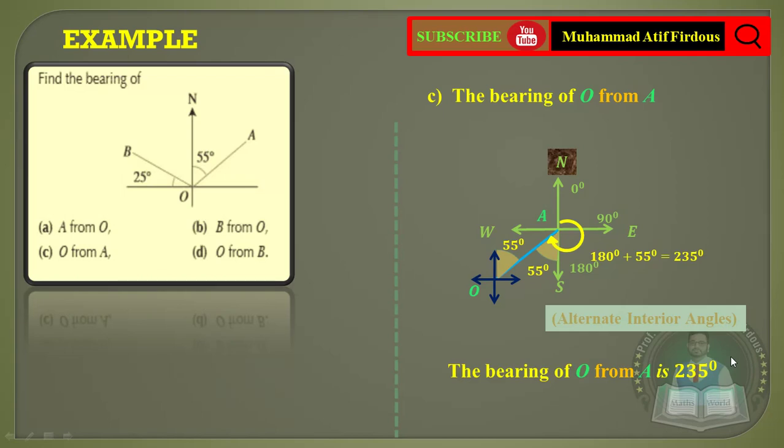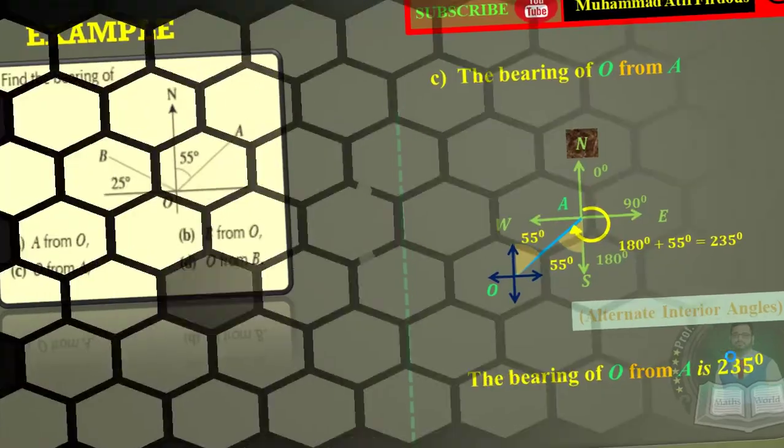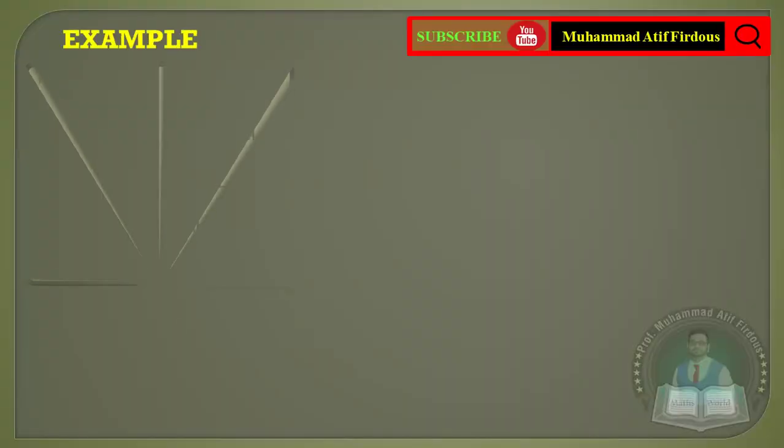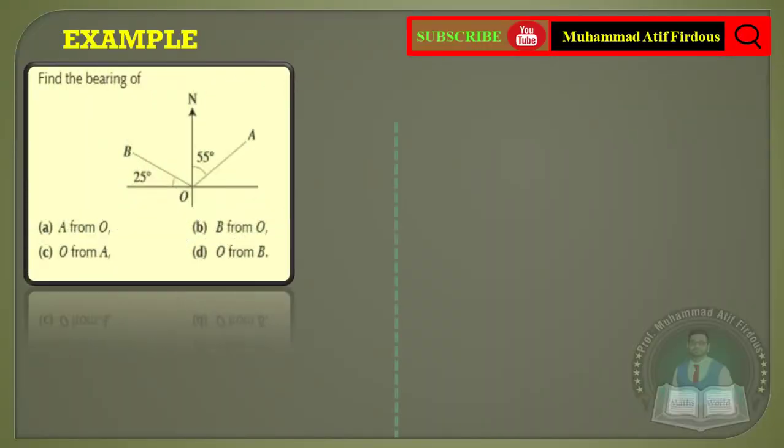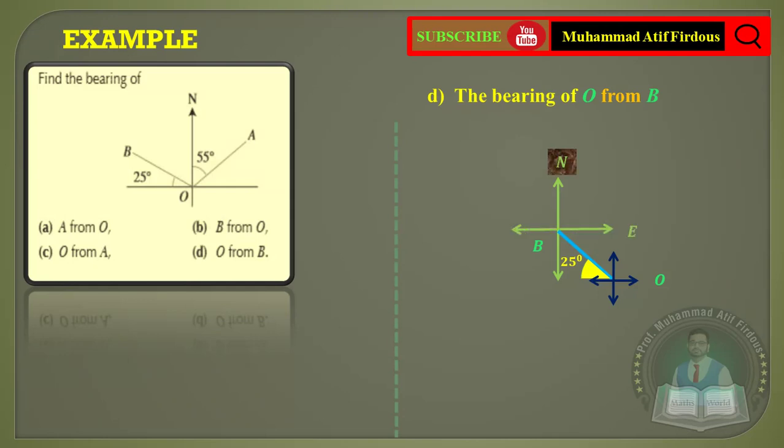Simple as that. Next, our last example is to find the bearing of O from B. Now this is your O, and the angle between O and B is 25 degrees. But we have to find the bearing of O from B. So make a north line at point B. This is your north line, east, south, west.